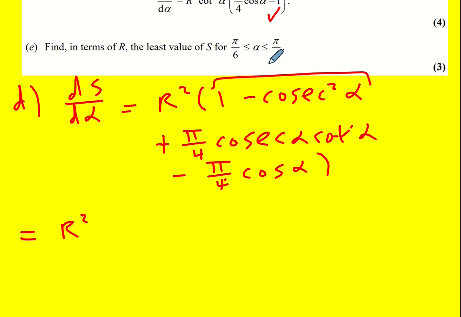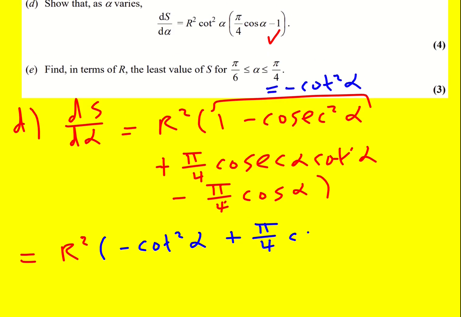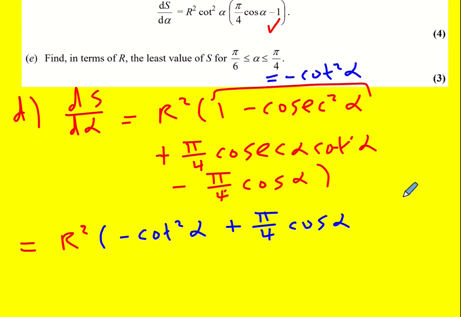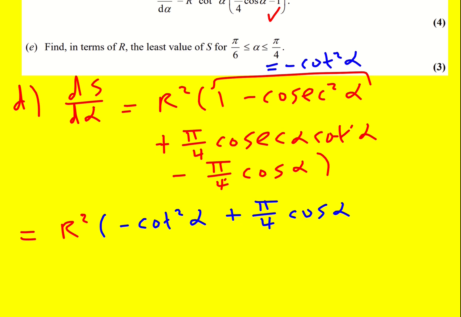This bit here, like I was saying, is equal to minus cot squared alpha. And then I'm going to add plus pi over 4, just because I see it in the answer, cos alpha.